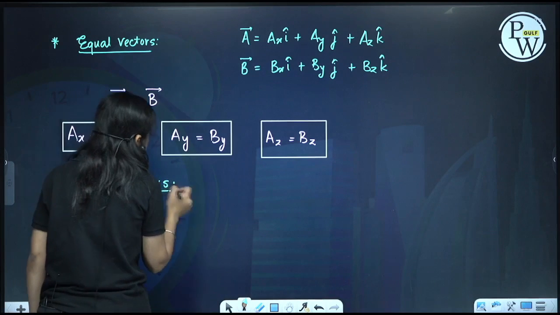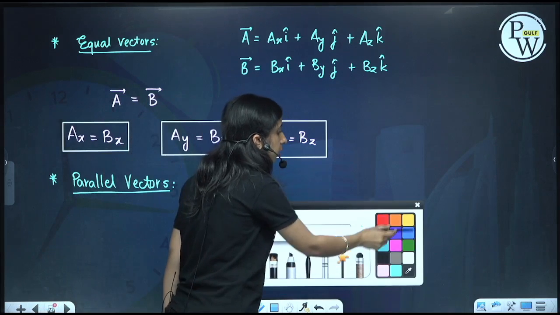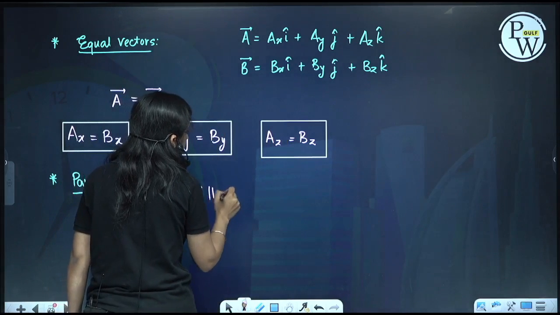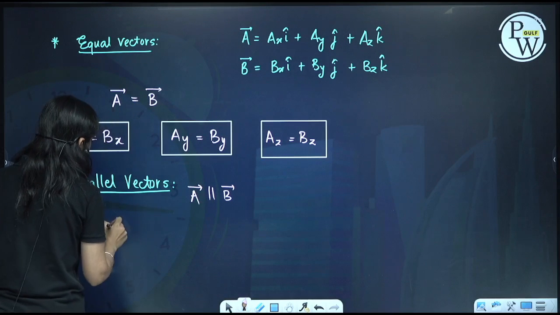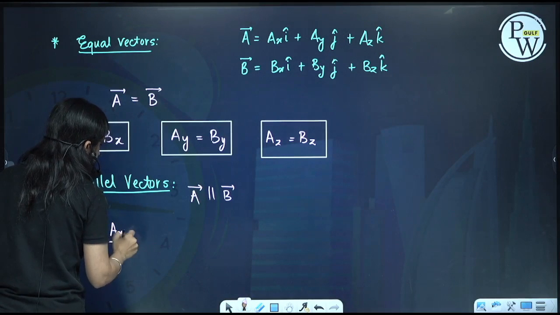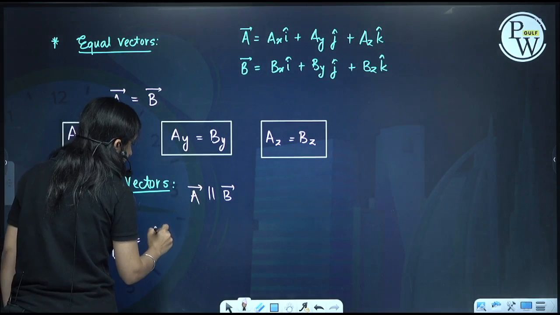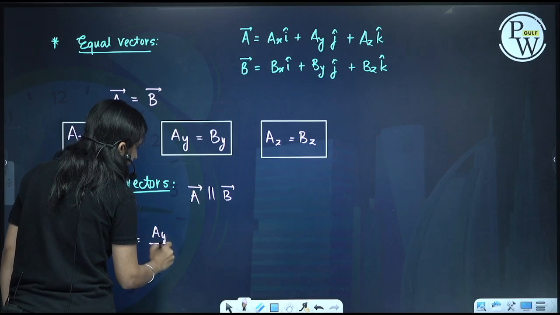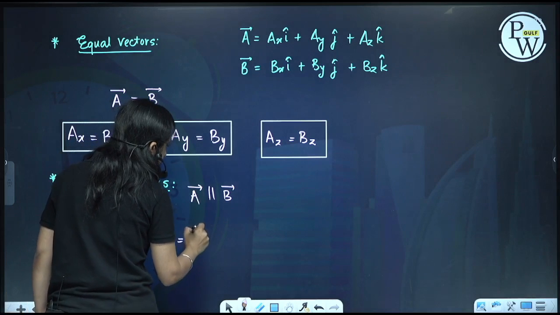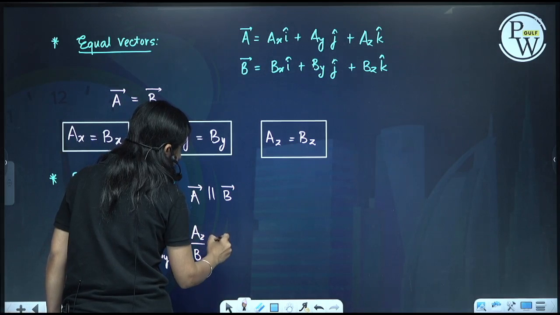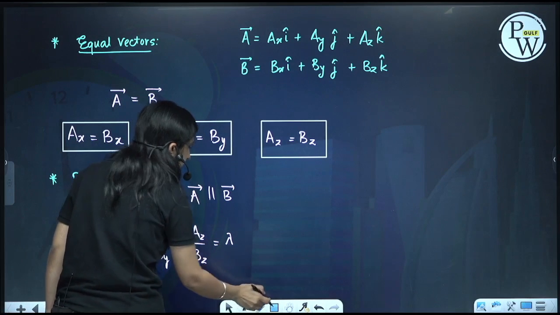Now if we are given that they are parallel vectors, that is, A vector will be parallel to B vector only if it is a scalar multiple of that vector. So ax by bx is equal to ay by by is equal to az by bz is equal to some constant lambda.